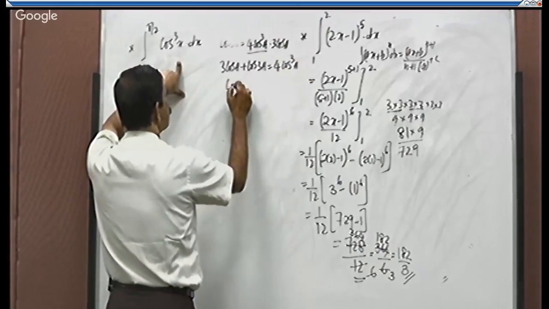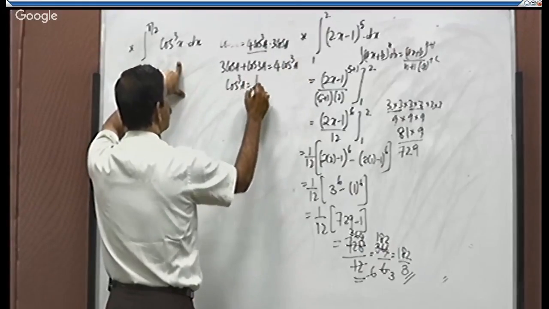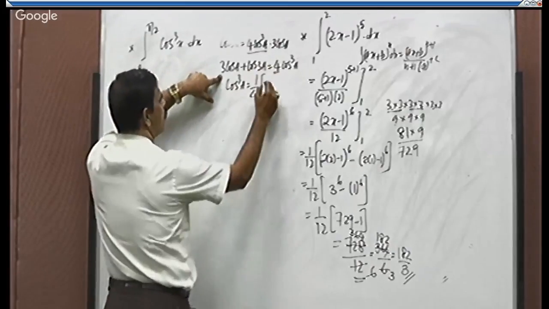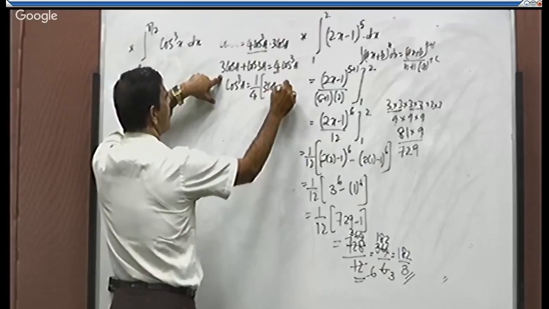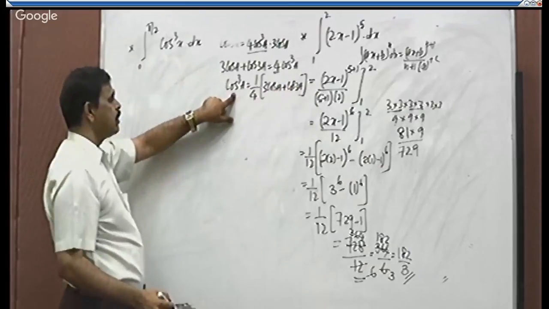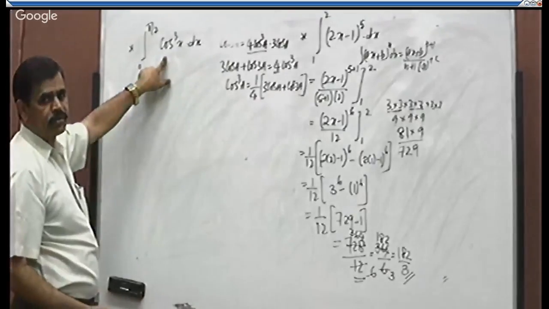Or cos cube a is equal to 1 by 4 into, so this 4 goes to the denominator of the left side, 3 cos a plus cos 3a. Is it right? Take cos cube x into this form.